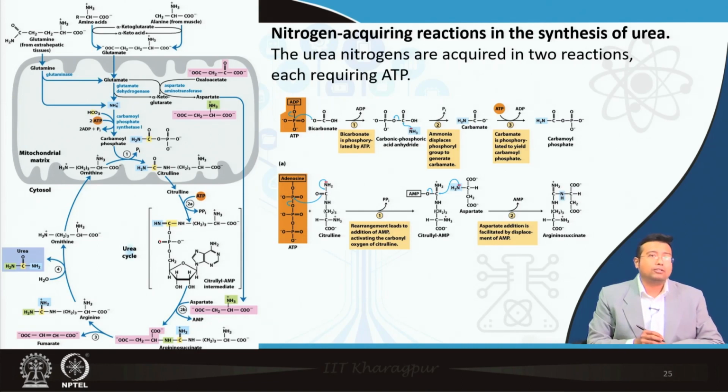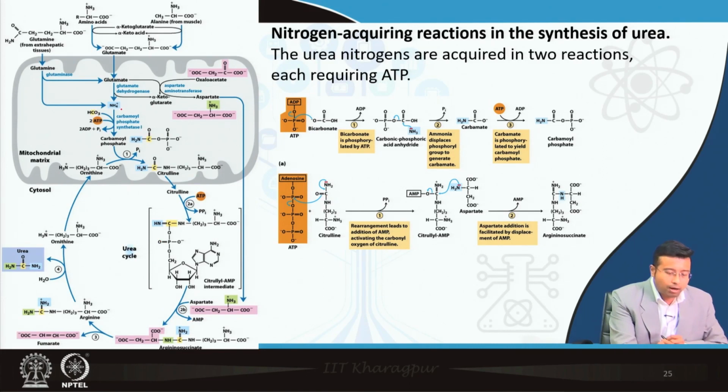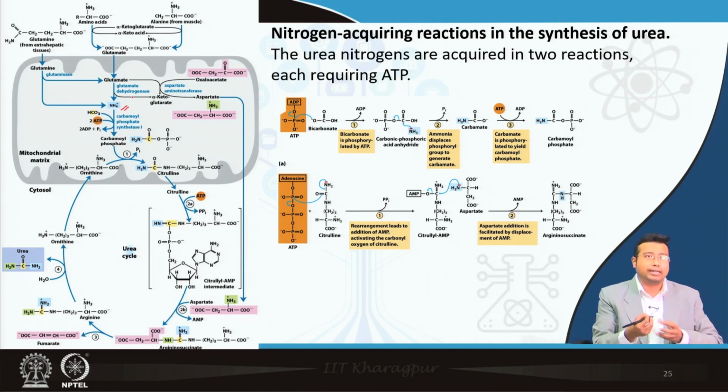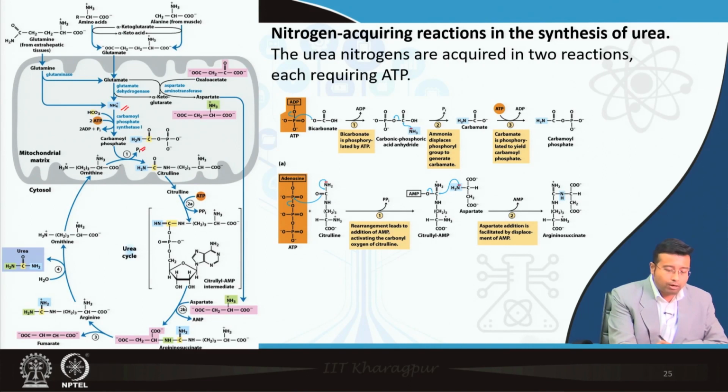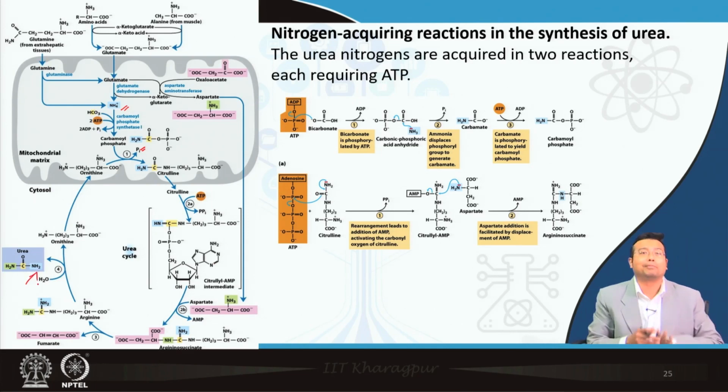One very important thing to note is what the sources of nitrogen are. This figure beautifully colorizes the different sources of nitrogen. One nitrogen from ammonia is directly utilized in the reaction that goes into carbamoyl phosphate, and that enters the urea cycle. So, the first nitrogen of urea is from ammonia via carbamoyl phosphate.